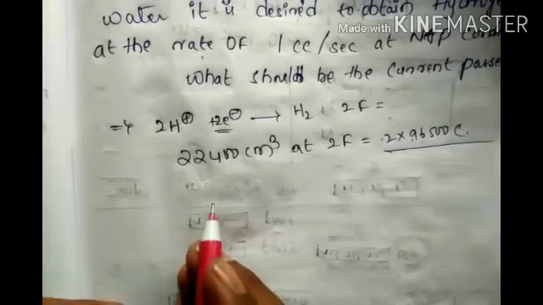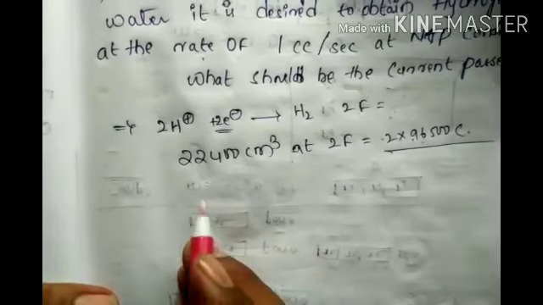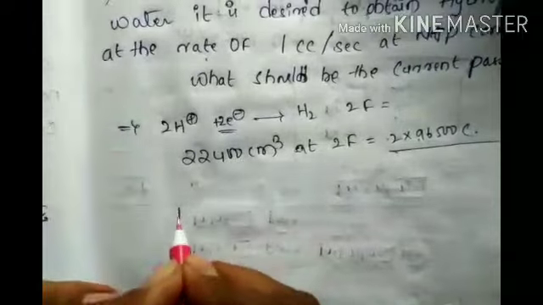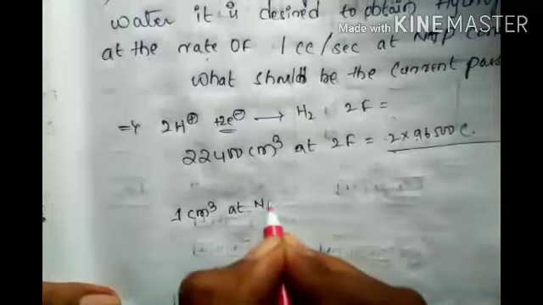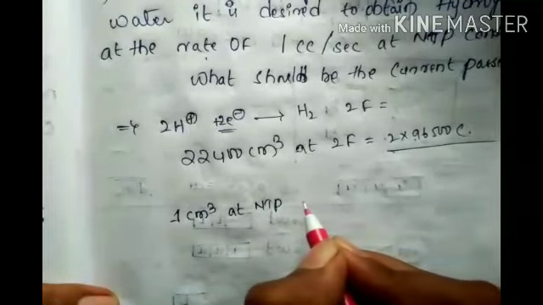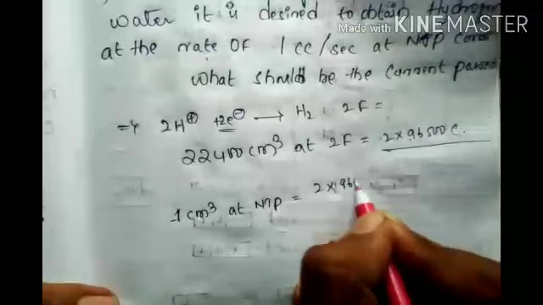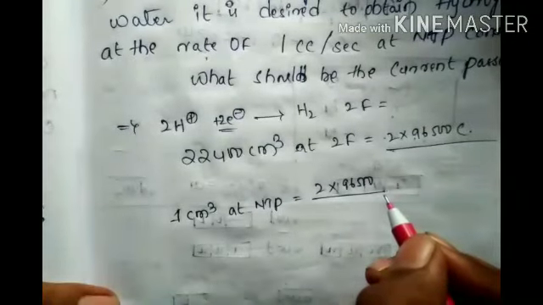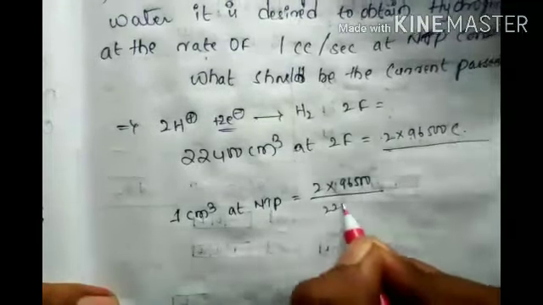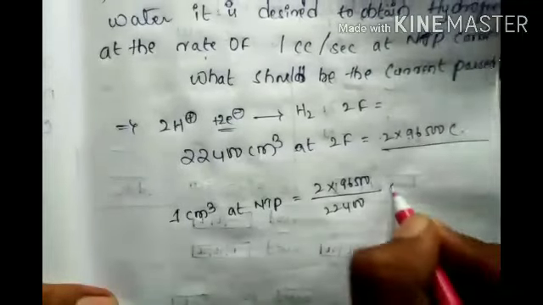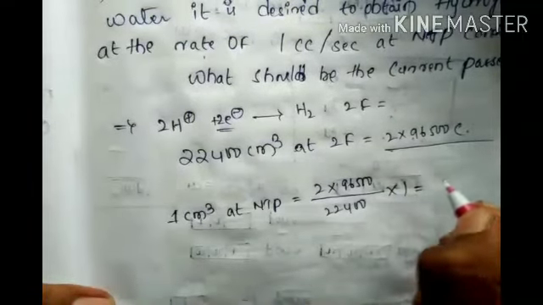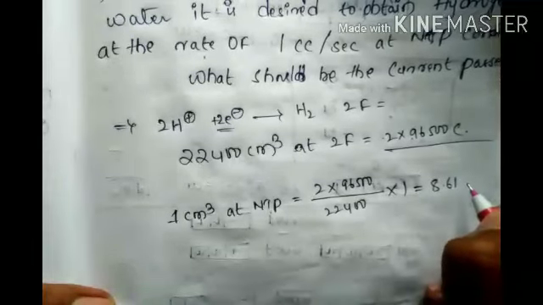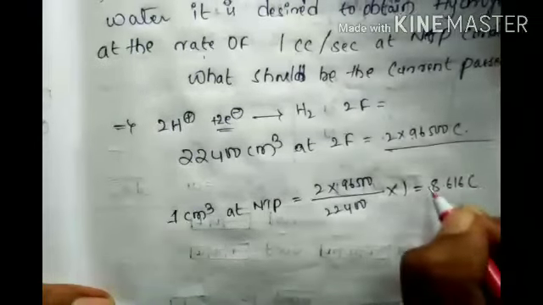Now 1 cc required. 1 cubic centimeter at NTP requires 2 into 96500 by 22400 into 1. How much is possible? It is 8.616 coulombs.